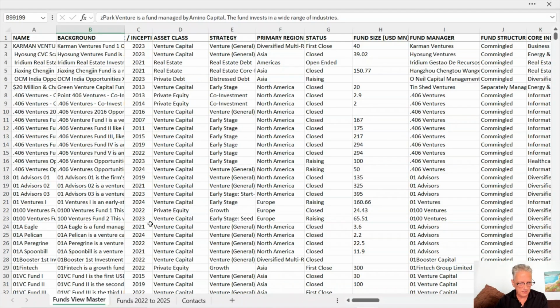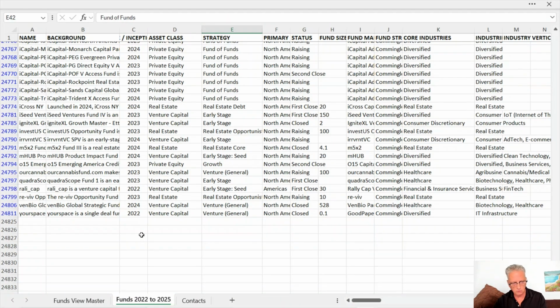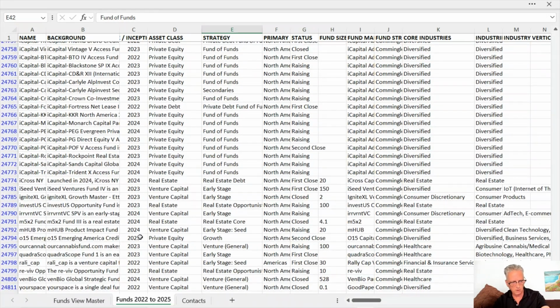Again, this database goes all the way back to 2007. We focus only on 2022 to 2025. If I go to the 2022 to 2025 screen, you can see we're at around 24,799. Those are the funds that were launched globally. And from there, we are going to take a look at the smaller selection.